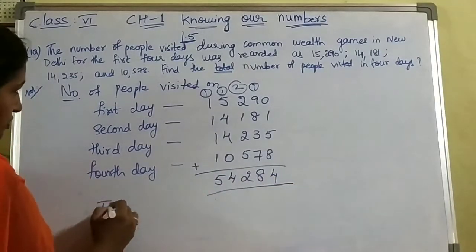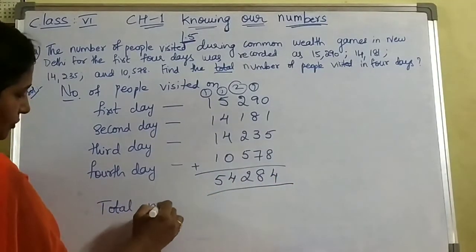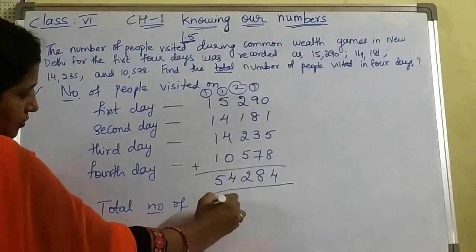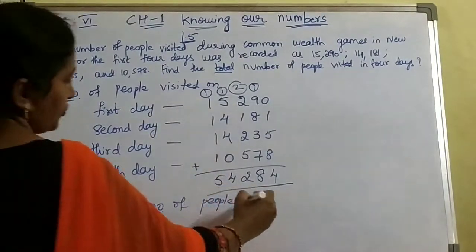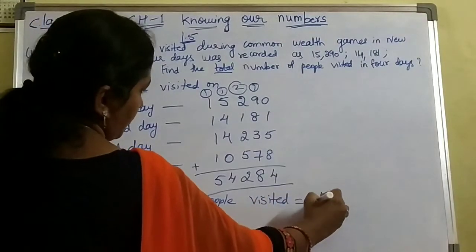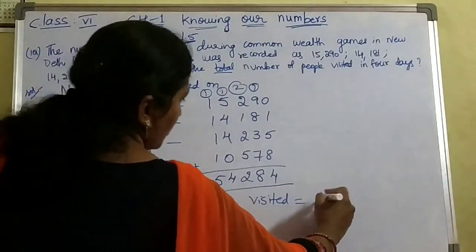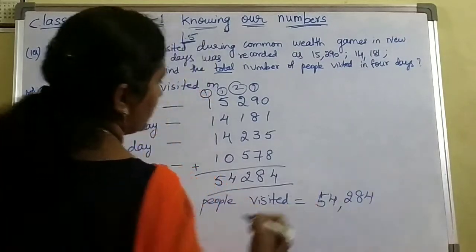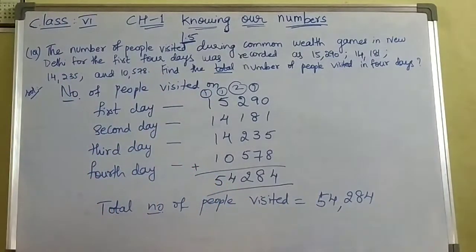So total people visited how many? Total number of people visited in 4 days is nothing but 54,284. This is how you should do the first question.